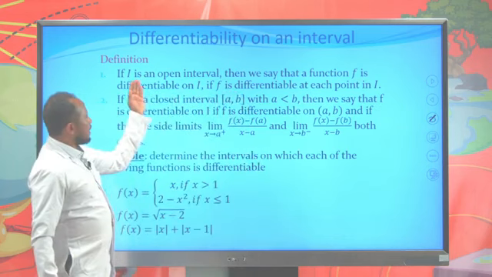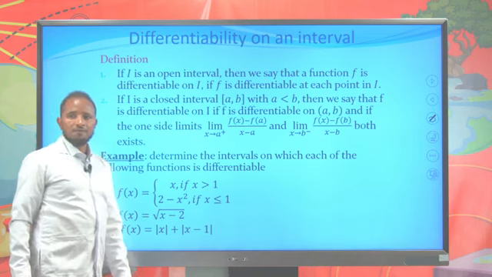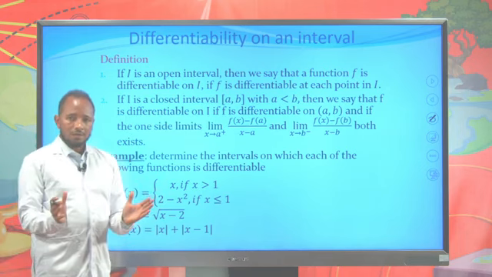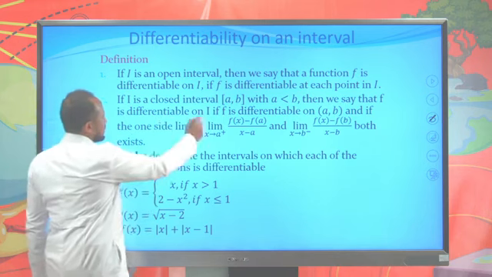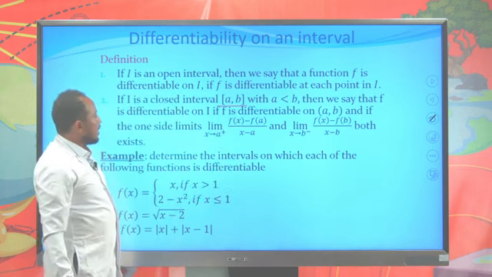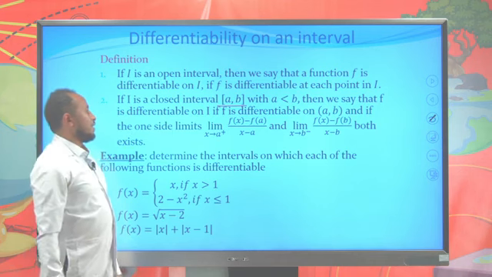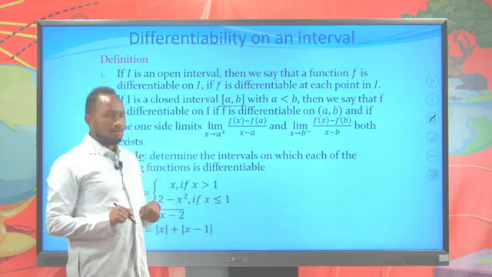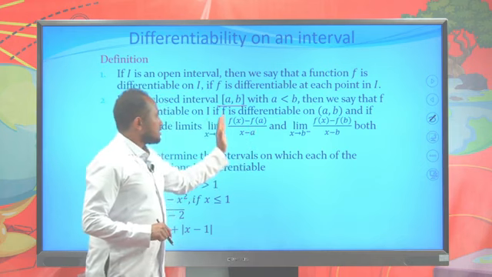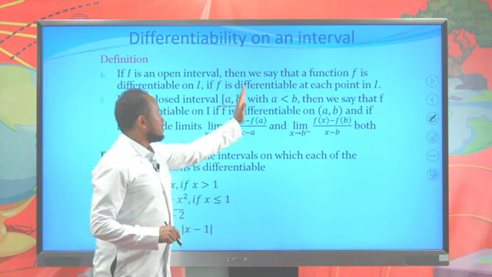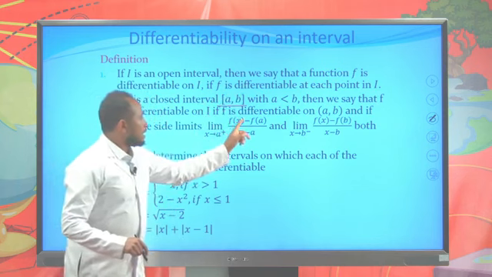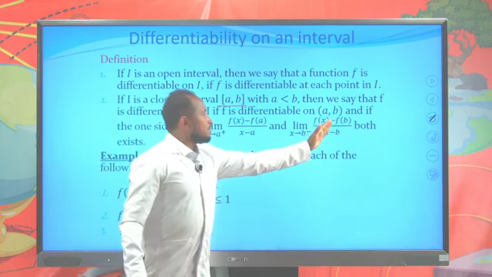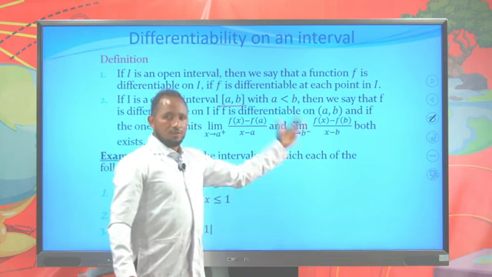Okay, now let's see another part. Let's see the definition. If I is an open interval, then we say that a function f is differentiable on I if f is differentiable at each point on I. And if I is a closed interval, then we say that f is differentiable on the closed interval [a, b] if and only if this function is differentiable on the open interval (a, b) and it is differentiable from the right side of a and differentiable from the left side of b, which means that the limit of (f of x minus f of a) over (x minus a) when x approaches a from the right must exist, and the limit of (f of x minus f of b) over (x minus b) when x approaches b from the left also exists.